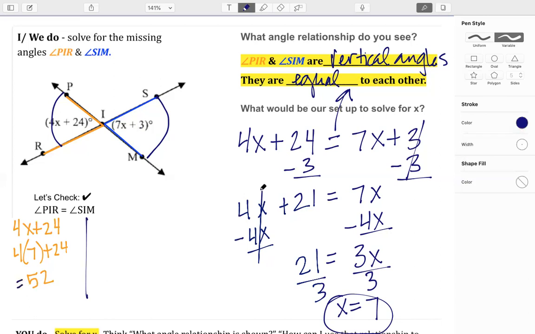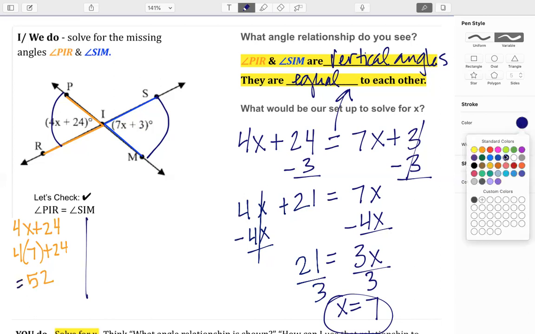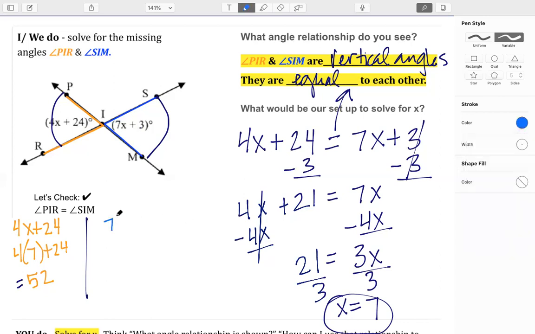Now on the right side, let's compare. So we got 52 here for the orange angle. Let's color coordinate. All right, so our blue angle is 7x plus 3. We're going to do the same thing. We're going to plug it in. So 7 times x, which is also 7, plus 3. We have 49 plus 3 gives us 52.